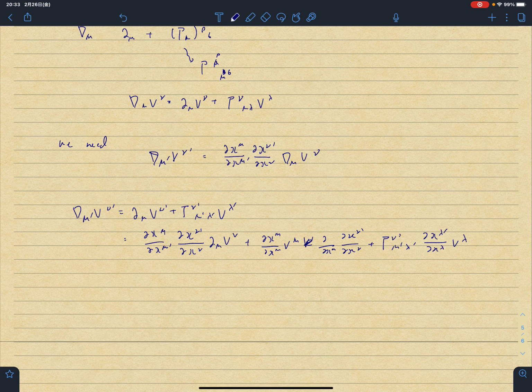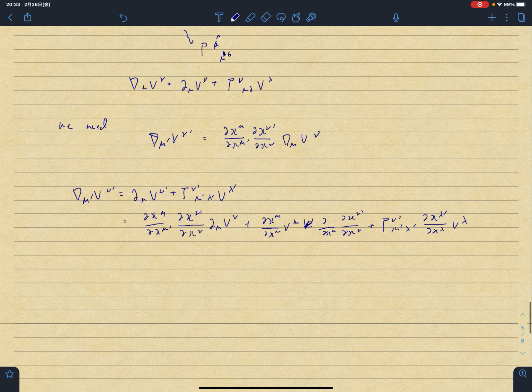The last part we don't care about: we don't know the transformation rule of gamma, so I leave it as is.